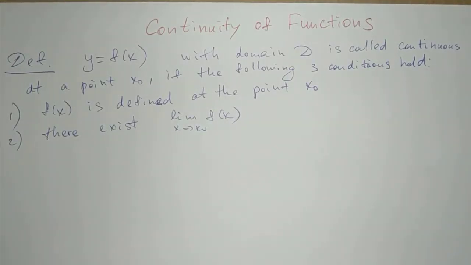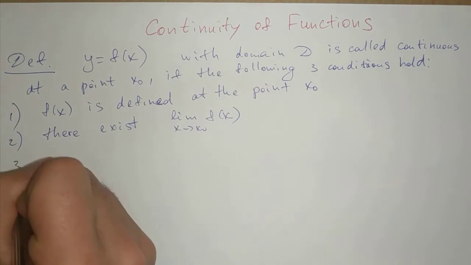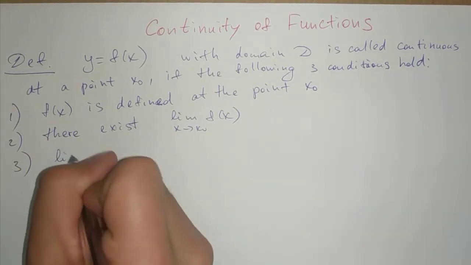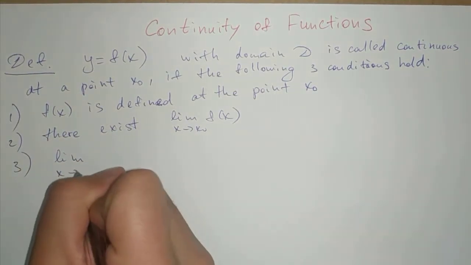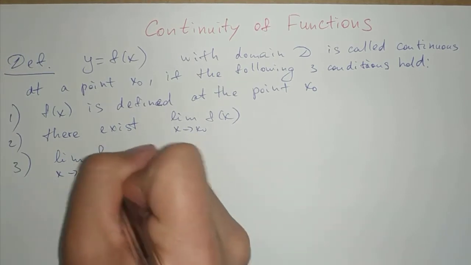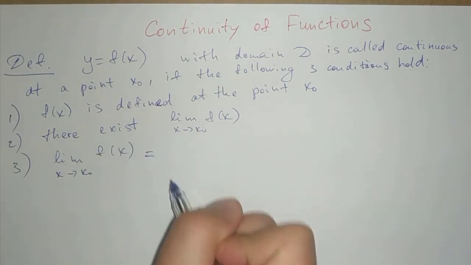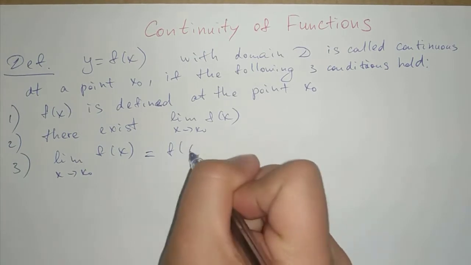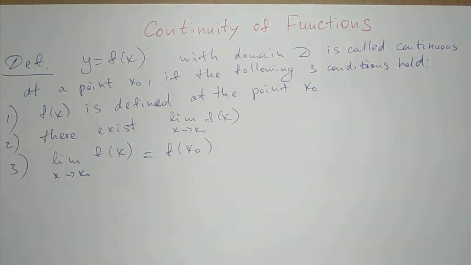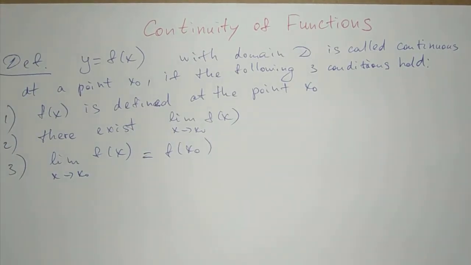And the third one, last one, the limit as x tends to x0 of f(x) is equal to f(x0). So, one more time, if these three conditions hold, the function f(x) with domain D is called continuous at the point x0.